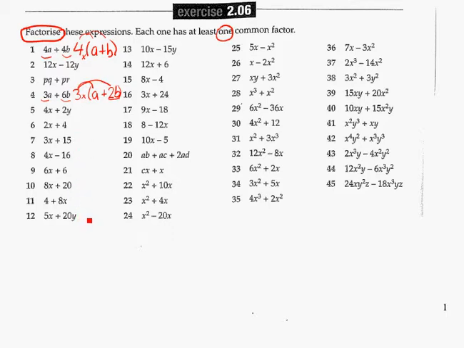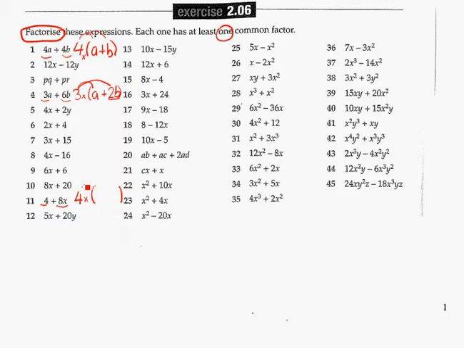Let's see if we can find a slightly harder one. One like number 11 often trips people up. If we have a look at this and think about what the greatest common factor between 4 and 8x might be. Greatest common factor of 4 and 8 would be 4. Let's think what we could write this as.